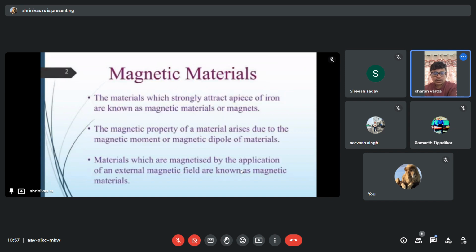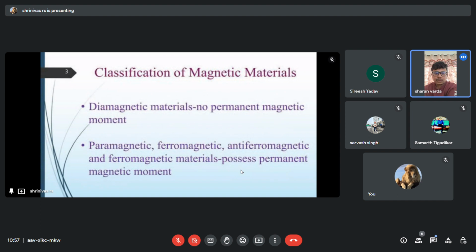So coming to the classification of magnetic materials, all substances show some kind of magnetic behavior, after all, they are made of charged particles like electrons and protons. It is the way in which the electron clouds arrange themselves in atoms, and how a group of these atoms behave, that determines the magnetic properties of different materials.